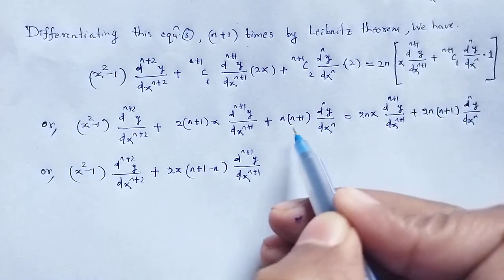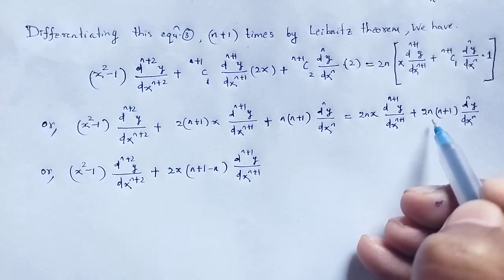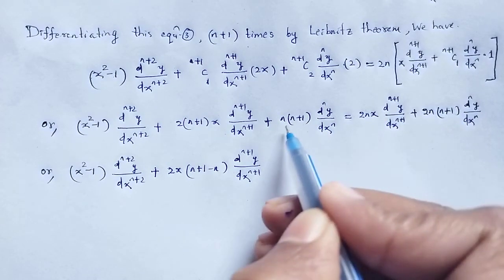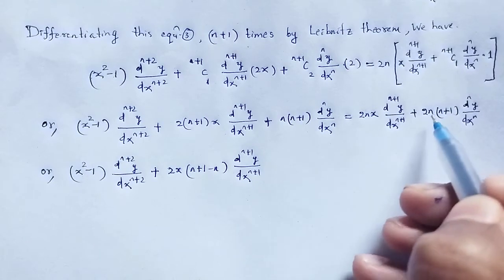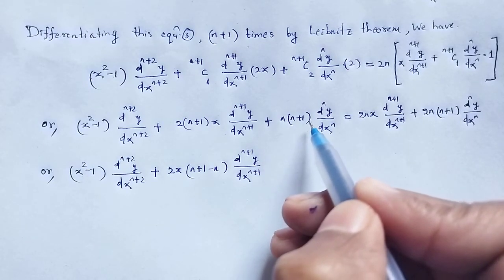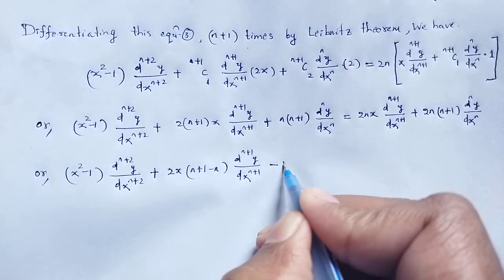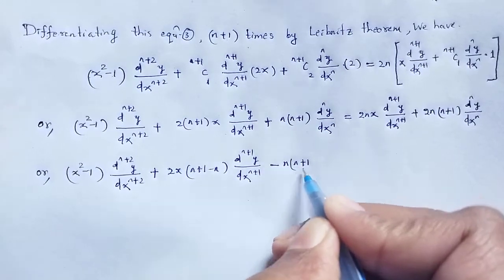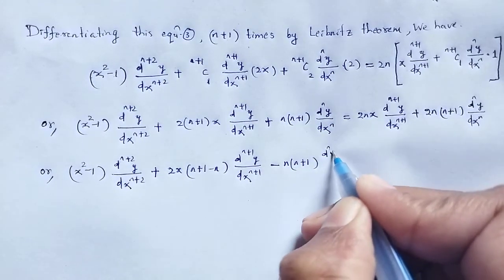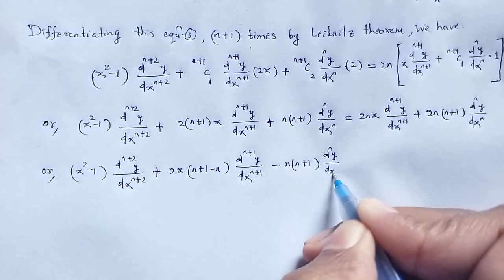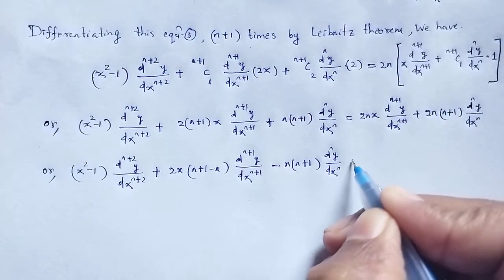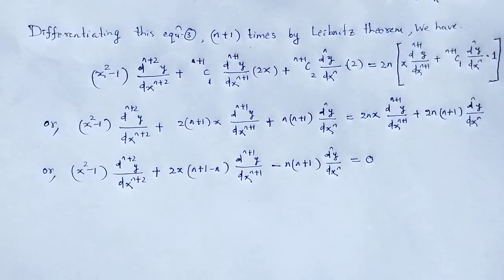When that term comes to this side, that is n(n+1) minus 2n(n+1), therefore that term will be minus n(n+1) dⁿy/dxⁿ is equal to 0.